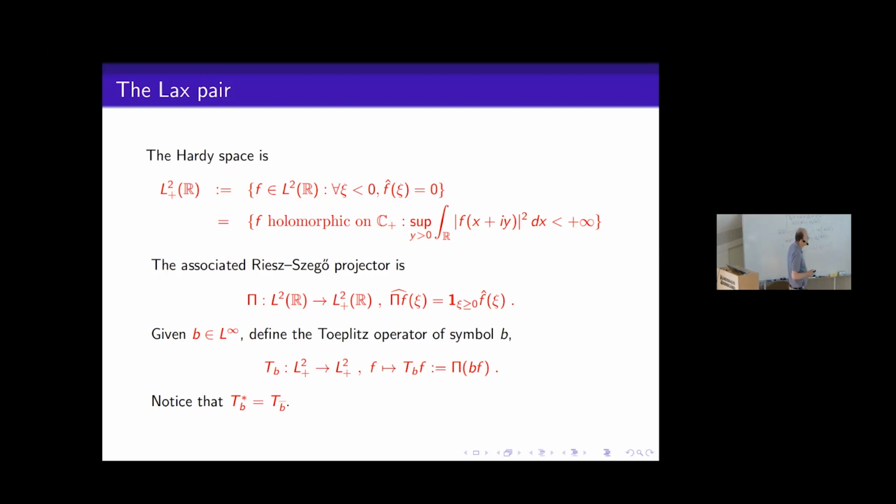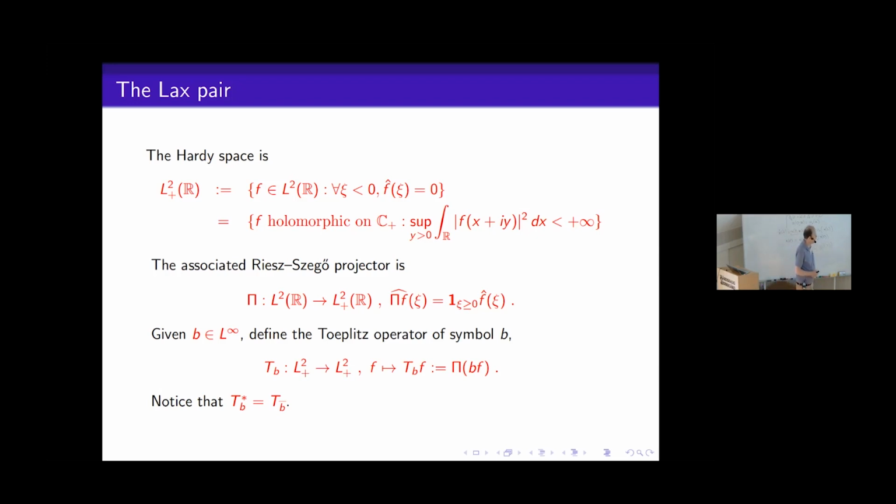These are functions in L2 such that the Fourier transform is 0 for negative frequencies. And by the Paley-Wiener theorem, these are also the holomorphic functions in the upper half plane, C plus, which is just imaginary part of z positive, such that the supremum of the L2 norm on the horizontal lines in the upper half plane is finite. It's Paley-Wiener.